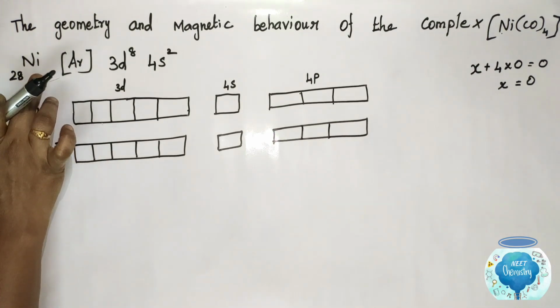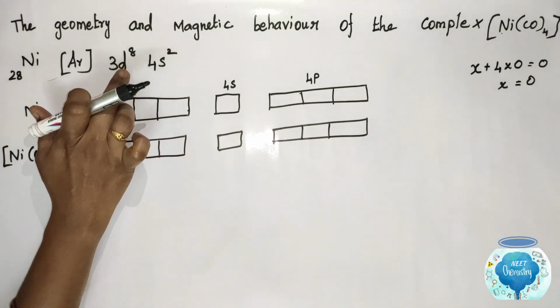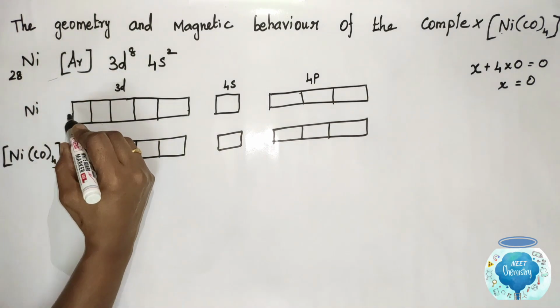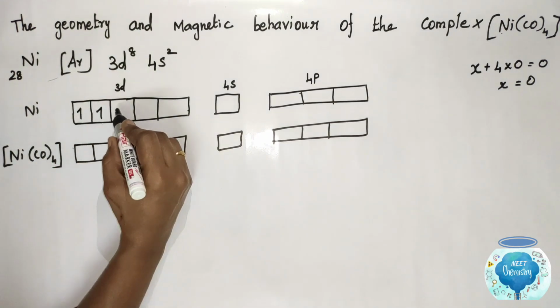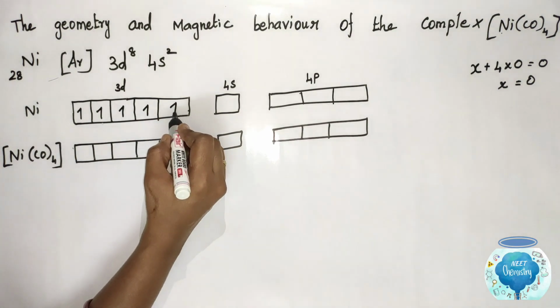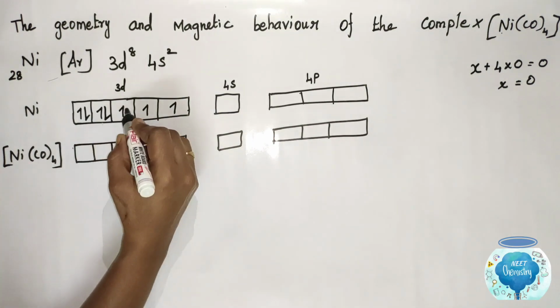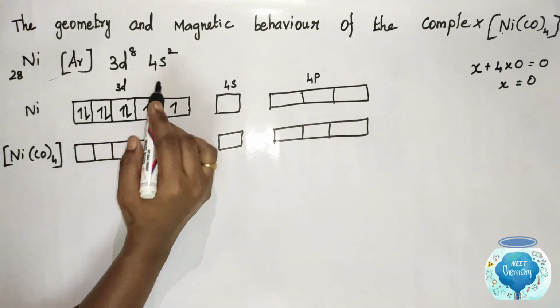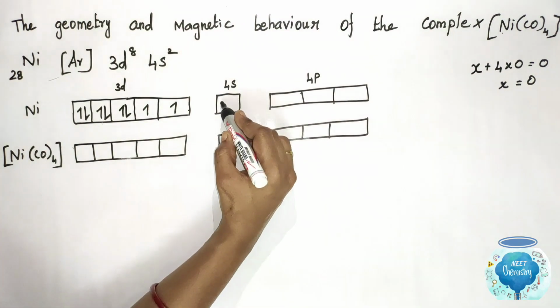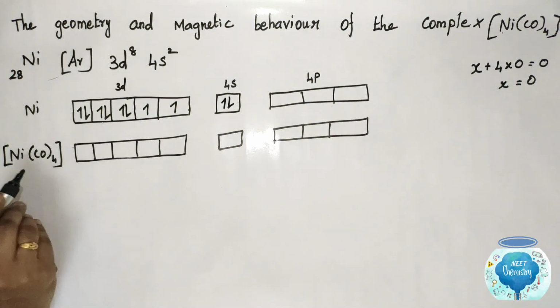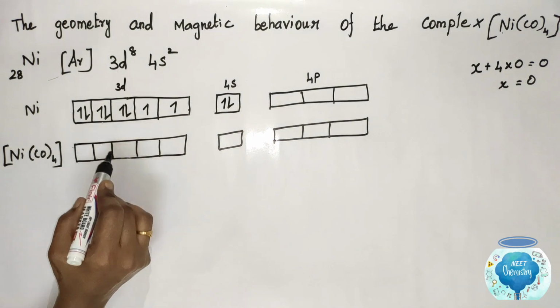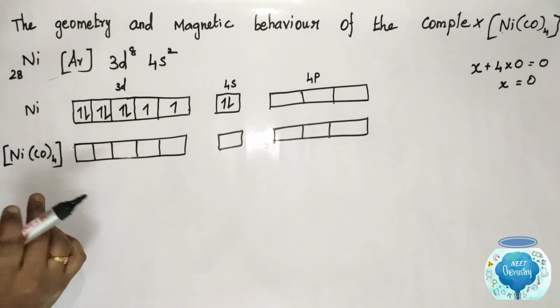In this nickel atom, there are 8 electrons in the 3d orbital: 1, 2, 3, 4, 5, 6, 7, 8, and 2 electrons in the 4s orbital. Next, we fill the electrons for this complex.